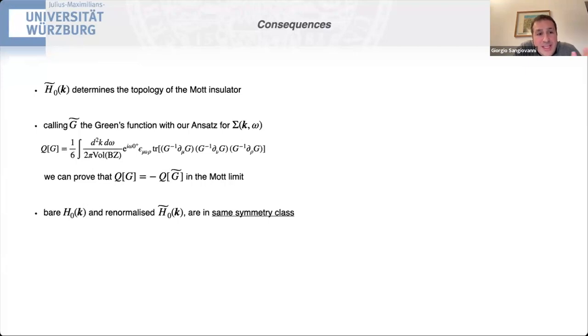However, we can very easily analyze the topology of a complicated non-perturbative Mott insulator via the dispersion of its zeros.